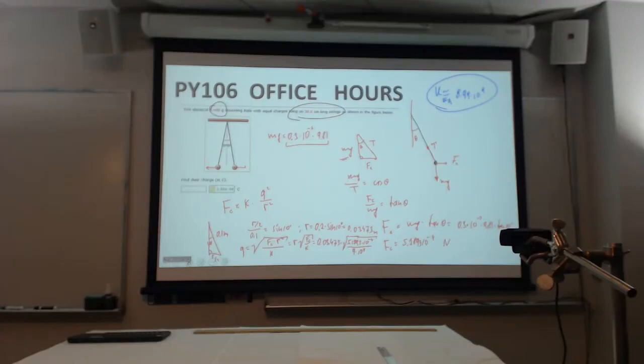But I don't have the correct exponent. Something is off with a decimal point somewhere. Okay, so your string is 10 centimeters long, 0.1 meters, and your mass is 0.3 grams.